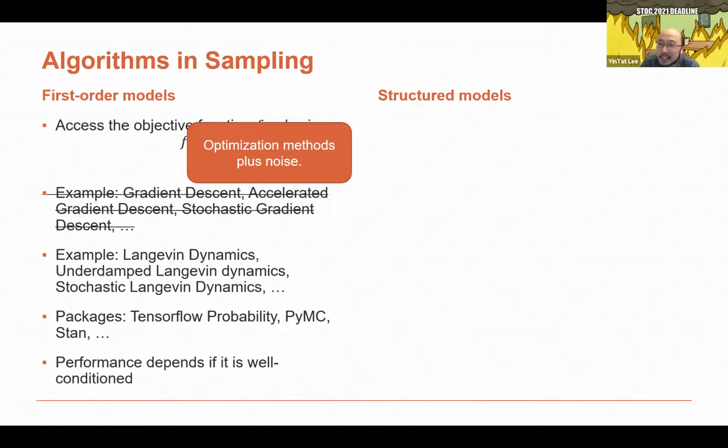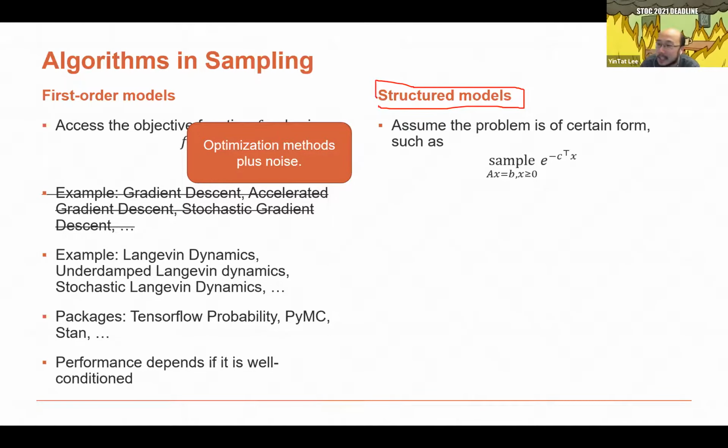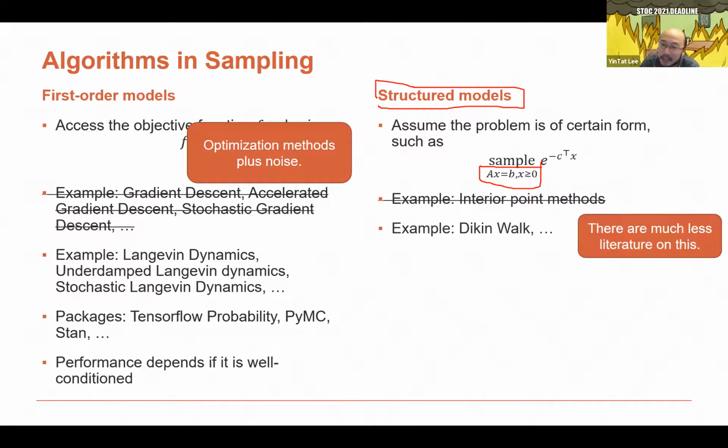You can ask a similar question for structured problems, and similarly, you can define some problems that look like linear programs. You sample from an exponential distribution over some linear constraints and inequality constraints. And yes, you also have algorithms similar to interior point methods.